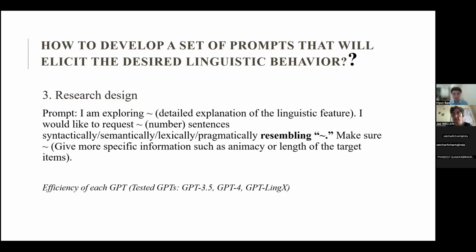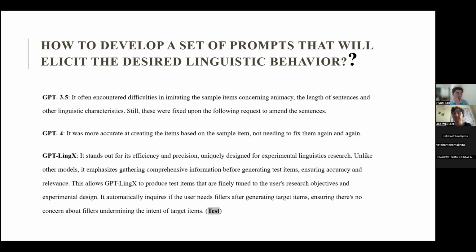For example, when I checked its efficiency, all of them are capable of providing us with test items. But GPT 3.5 often encountered difficulties in imitating the sample items concerning details, animacy, the length of sentence, and other linguistic characteristics.